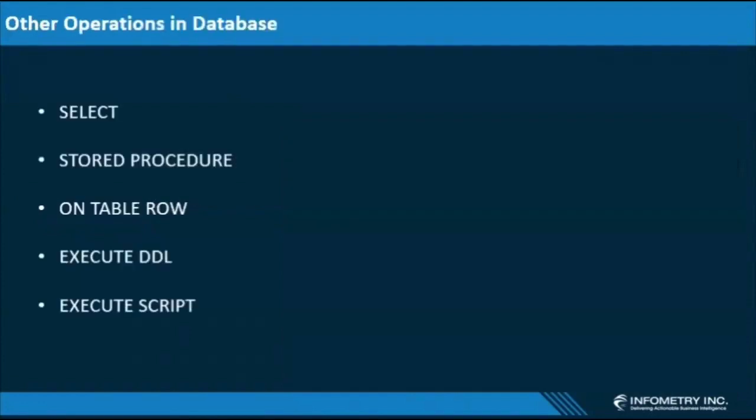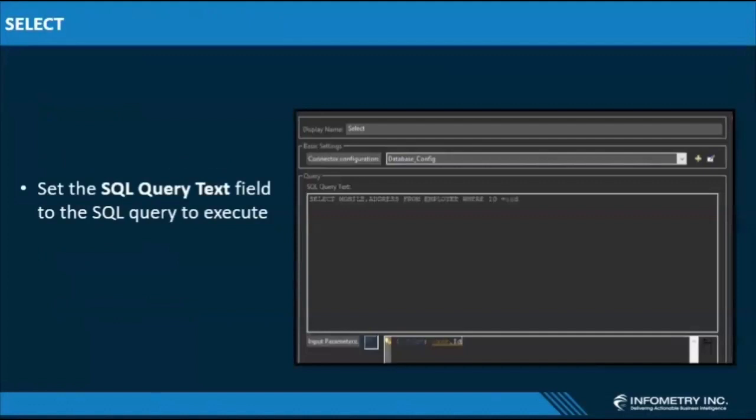Coming to the other operations in database, we'll be discussing the select operation, stored procedure, on table row, execute DDL, and execute script. Coming to the select operation. Select operation is nothing but we will be writing a query and this query will be giving us a report as an output.